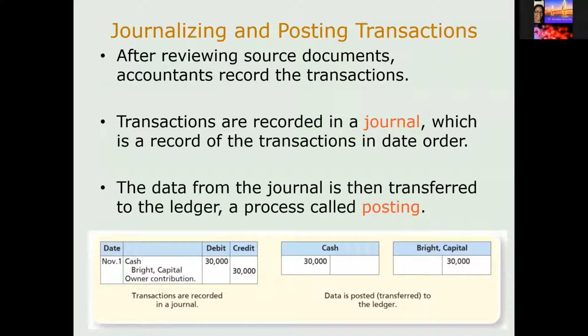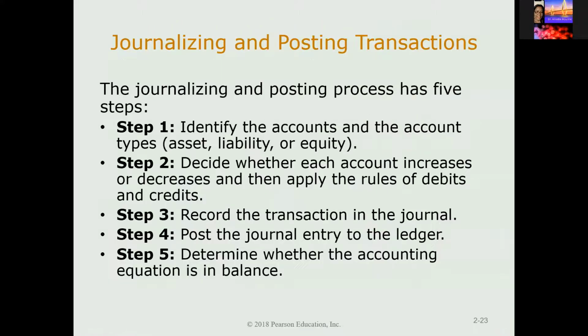So what are the steps to journalizing and posting transactions? The journalizing and posting process has 5 steps. Step 1 involves identifying the account and the account types. Is it an asset, liability, or equity?